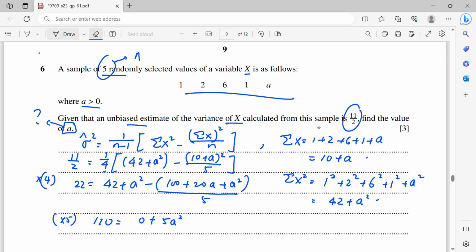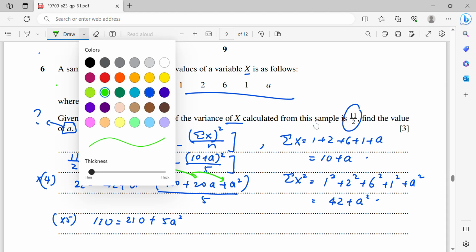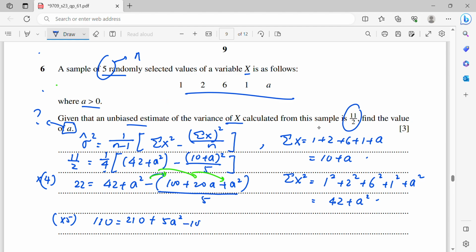Then for the last term, the whole bracket, you can just ignore the over 5 because it is already cancelled off with the times 5. Then open the bracket by multiplying the negative. So when you times in the minus to the whole bracket, all the terms will be minus. Then I will get minus 100 minus 20a minus a squared.